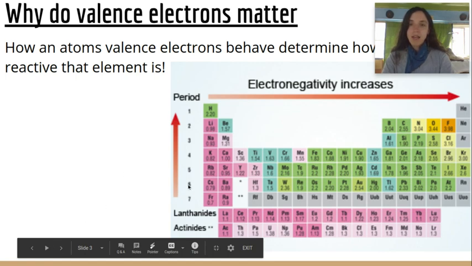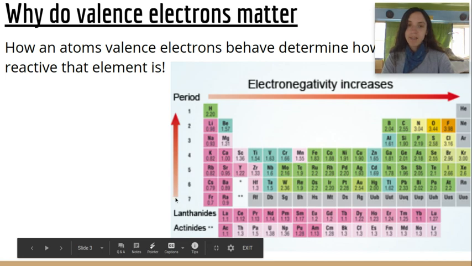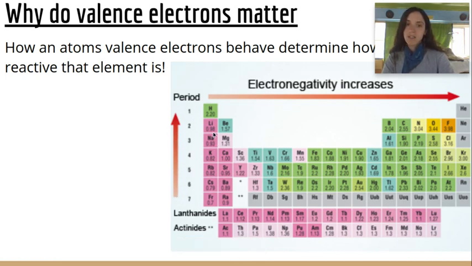The periodic table is actually organized by this property, which is called electronegativity. The more electronegative something is, the more likely it is to react with another element. For example, electronegativity increases as you go up the periodic table, so sodium is more electronegative than calcium.